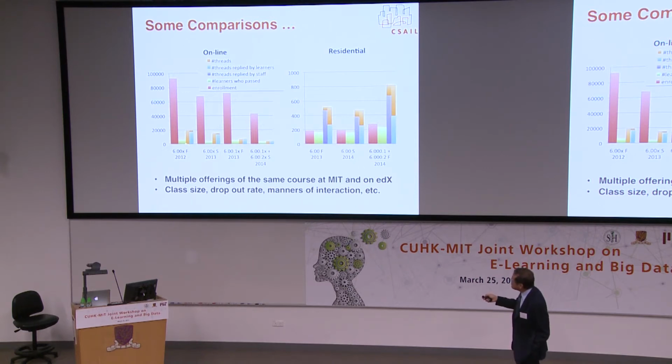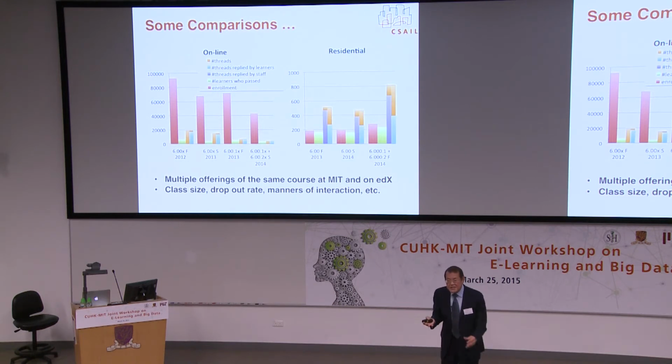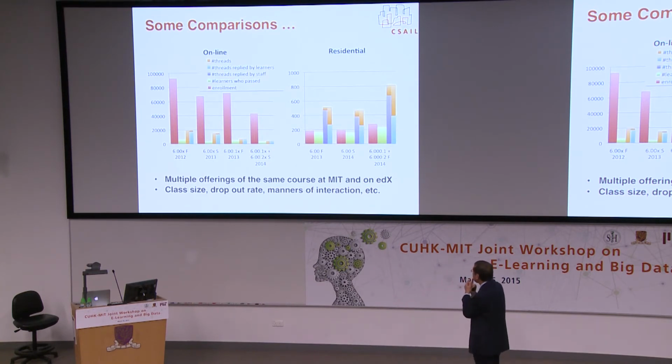And here, so few were answered by the teaching staff, you can't even see it on this scale. Most of the questions were answered by your peers. So in fact, the interaction is very different. So it's not the case we can just take the way we interact on campus and move it online, and in fact, these things are very different.